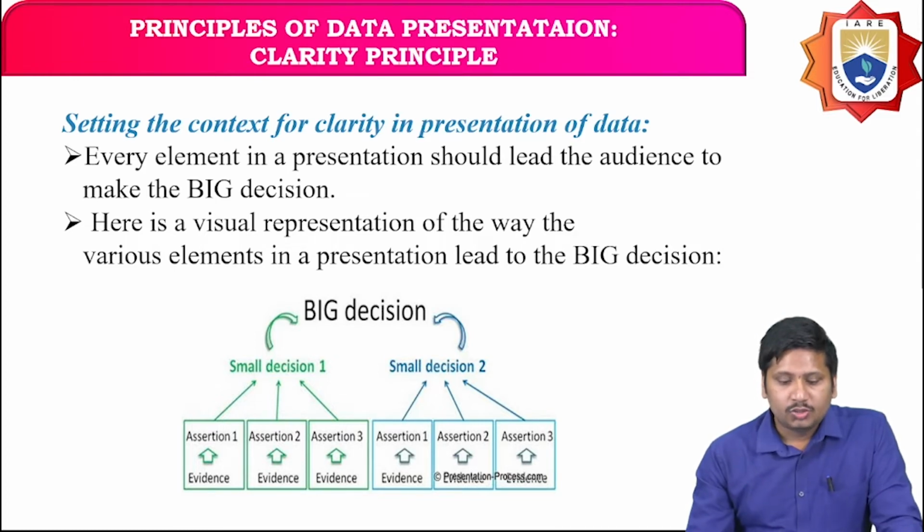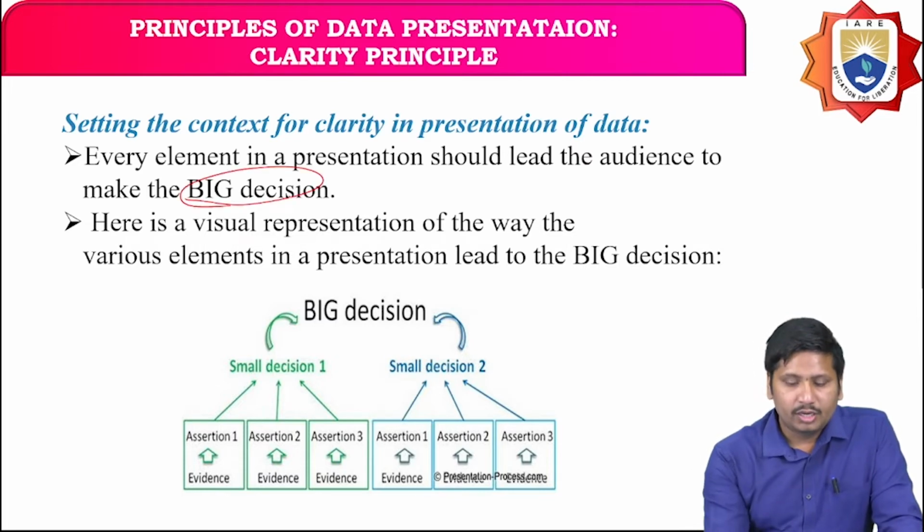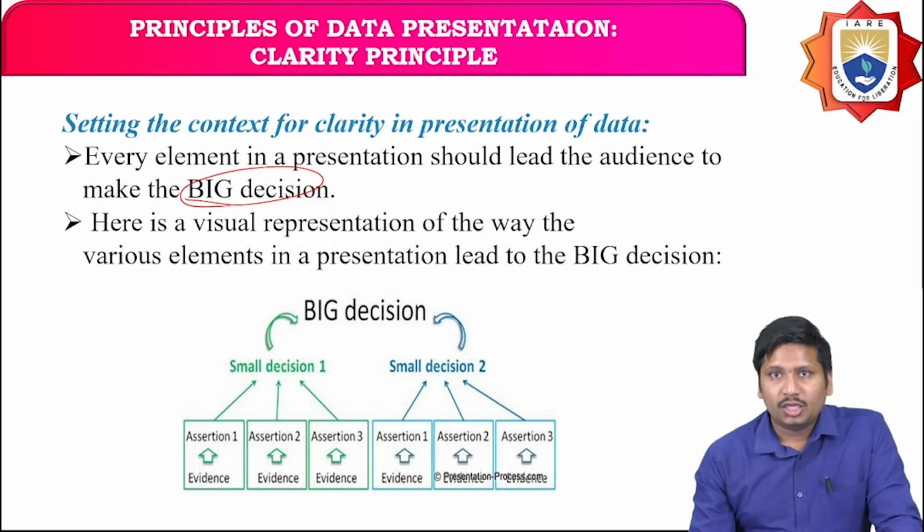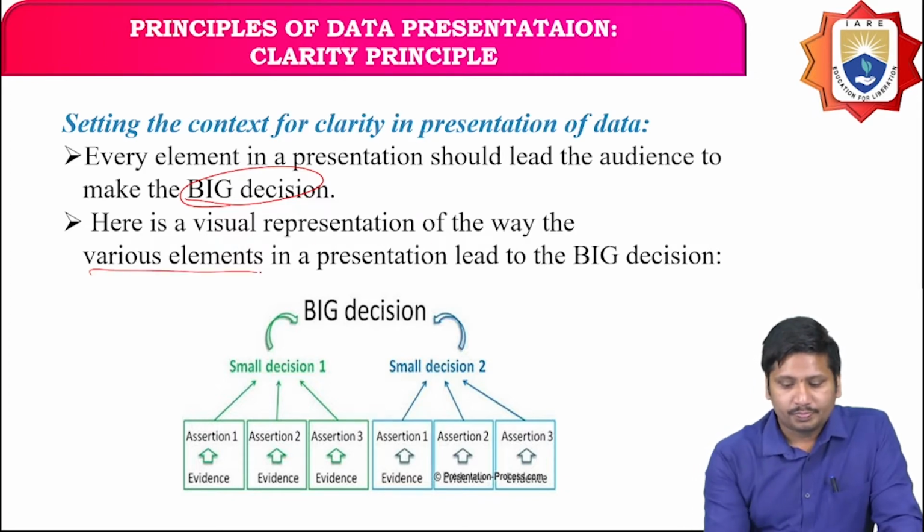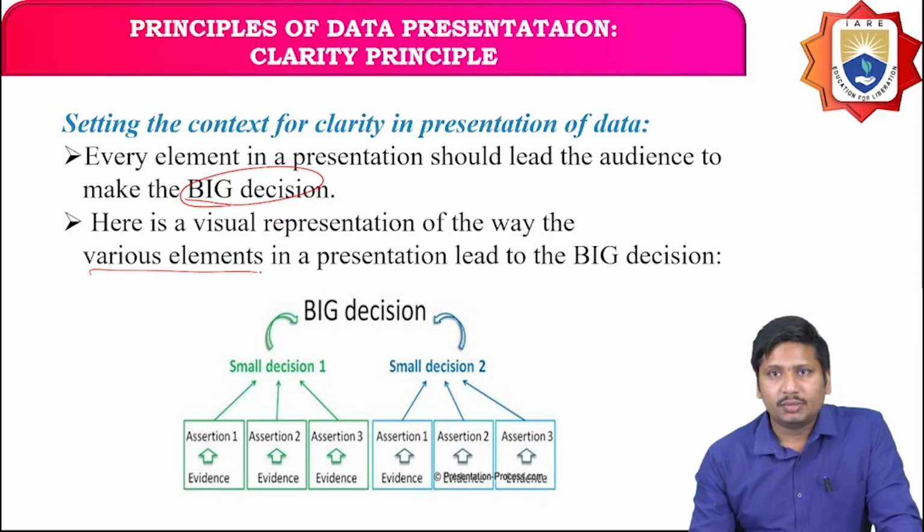Every element in the presentation should lead the audience to make the big decision. What we present should lead the audience to a big decision, right? Here is a virtual presentation of the various elements in a presentation that may lead to the big decision.